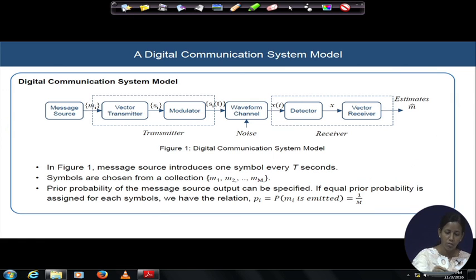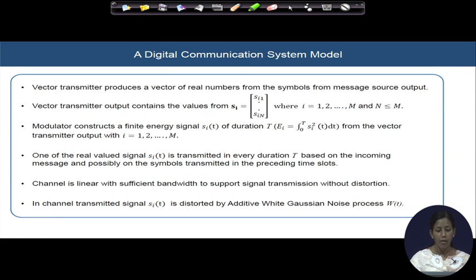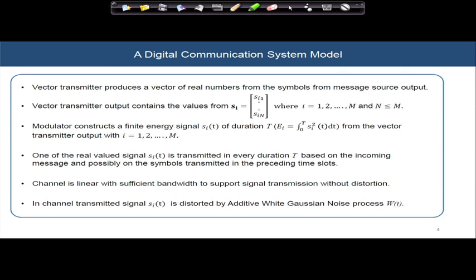How Si looks, let us see in the next slide. Si is a vector, so it is written in bold, and for every ith symbol it has capital N numbers of vectors. So, for each symbol it is a linear combination of capital N vectors.